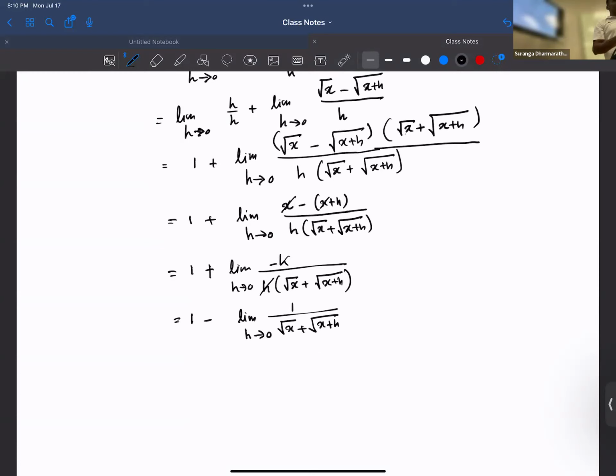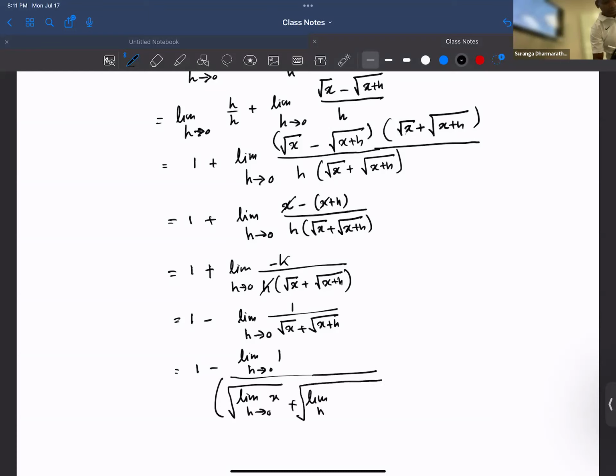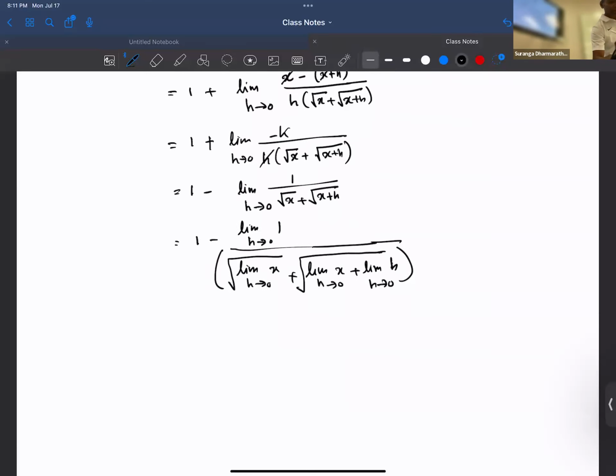I can write 1 minus the limit, this is the quotient law applying to that, over 1 divided by the square root of the limit as h goes to 0 of x, plus the limit as h goes to 0 of h. Make sense? Right? This is h. Okay.